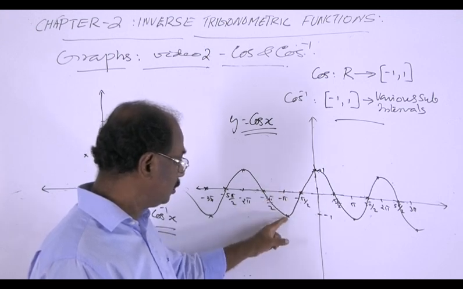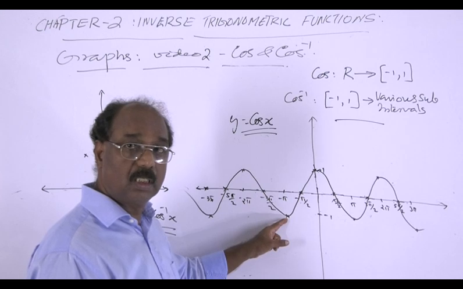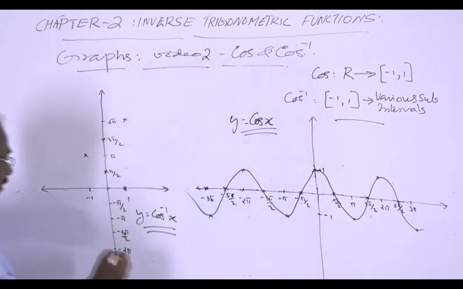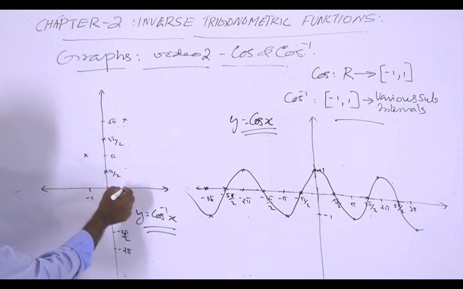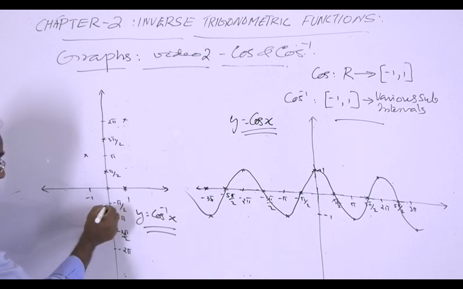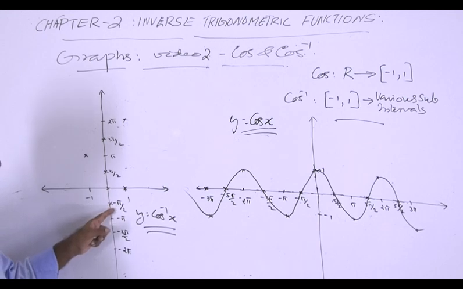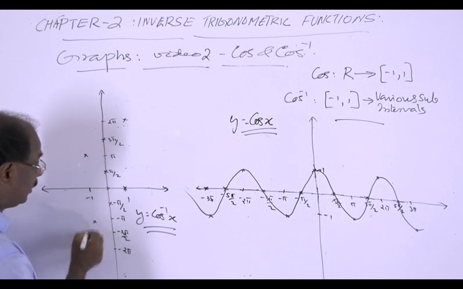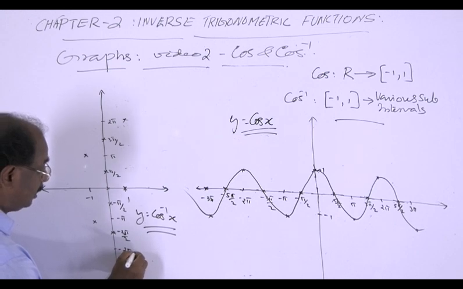Similarly for the inverse, we can mark these points in that way. Cos inverse 0 is equal to minus pi by 2 again. So minus pi is a point here, minus 2 pi is a point here, and so on.